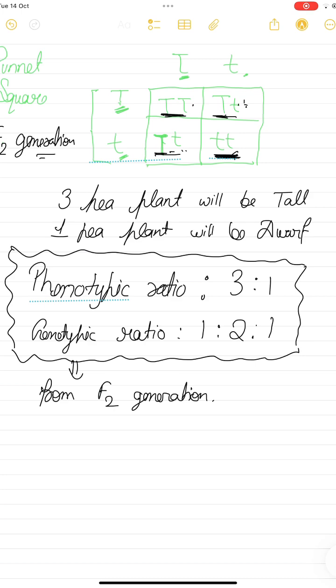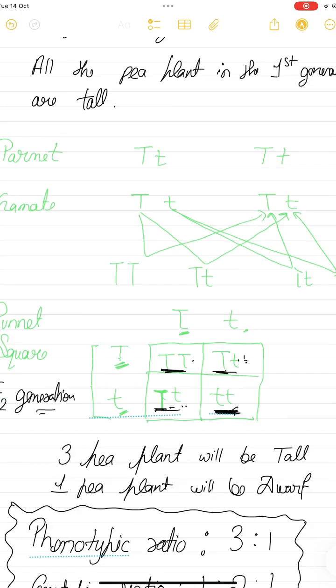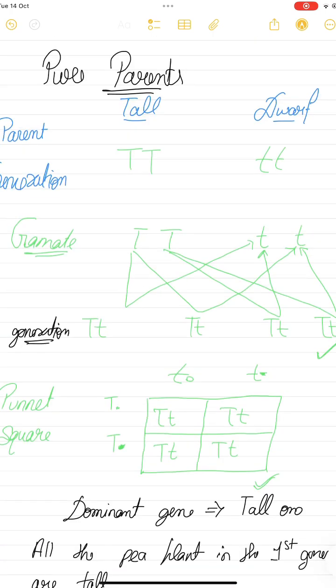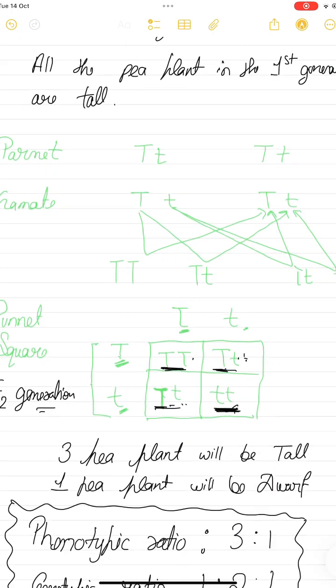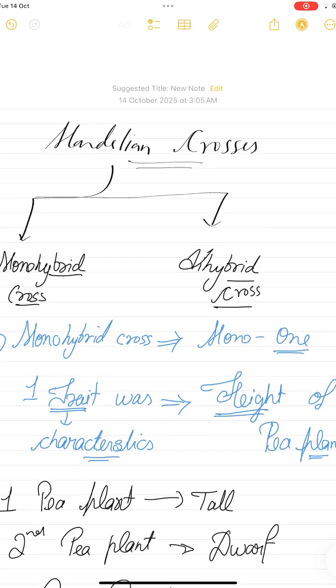You can give the phenotypic and genotypic ratio only from the F2 generation, not from the F1 generation, because there are only tall plants and only one type of gene.